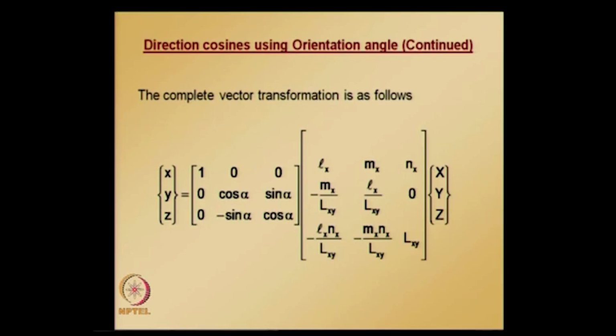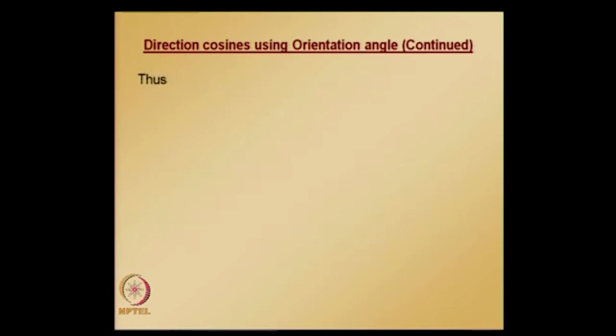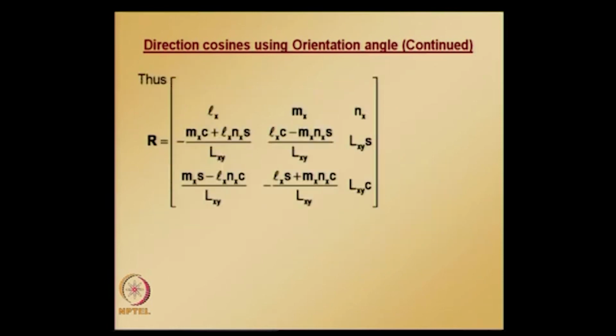So, you need to just multiply the first part to the second part which we already obtained for the special case, and once this multiplication is performed, then the rotation matrix for this arbitrarily oriented frame element case is given by this.